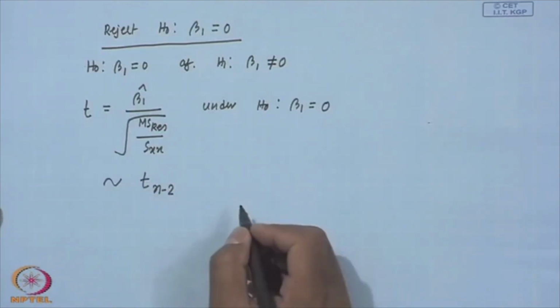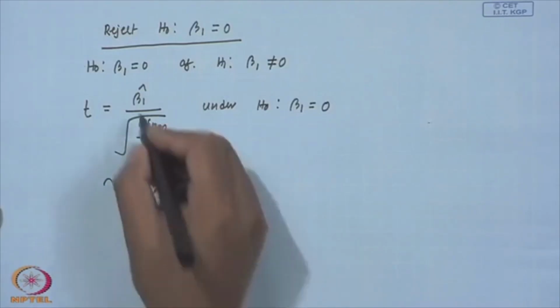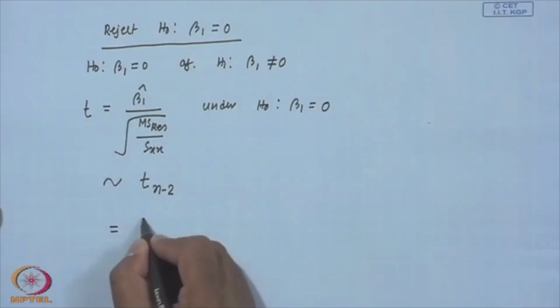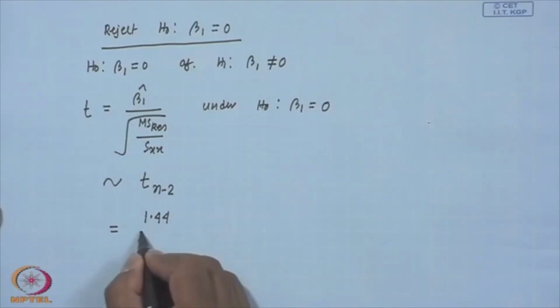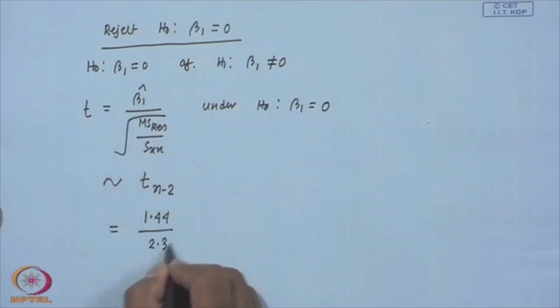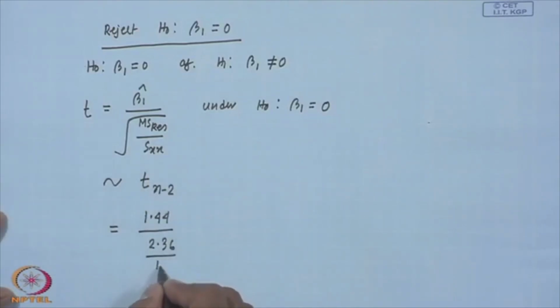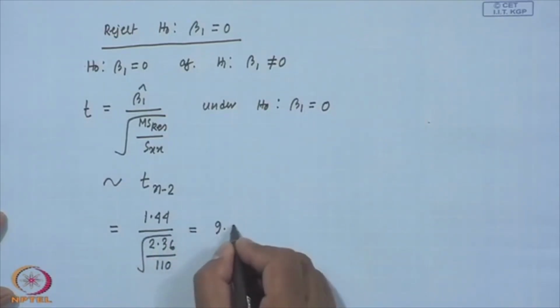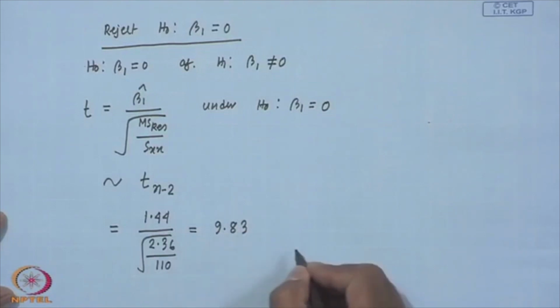So, here it is 9, and you can check that this t value, with beta 1 hat as 1.44, MS residual as 2.36 and S x x as 110, is 9.83. Okay.